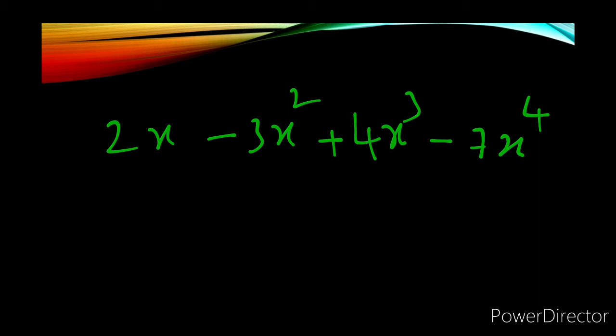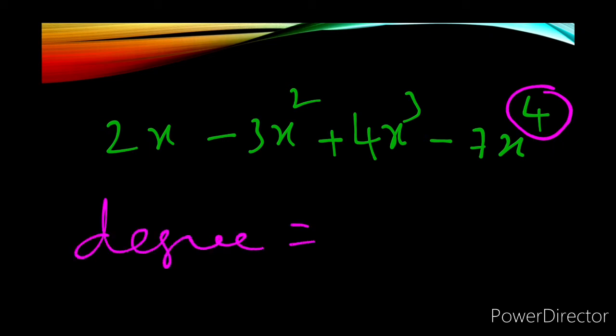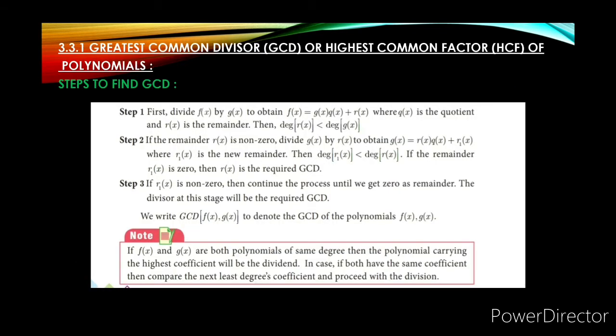So what is the highest power here? 4 is the highest power. So degree is equal to 4. Do you understand this? So come to the point. So here if we divide f of x by g of x, we get the remainder. The condition is that the degree of r of x is less than the degree of g of x.